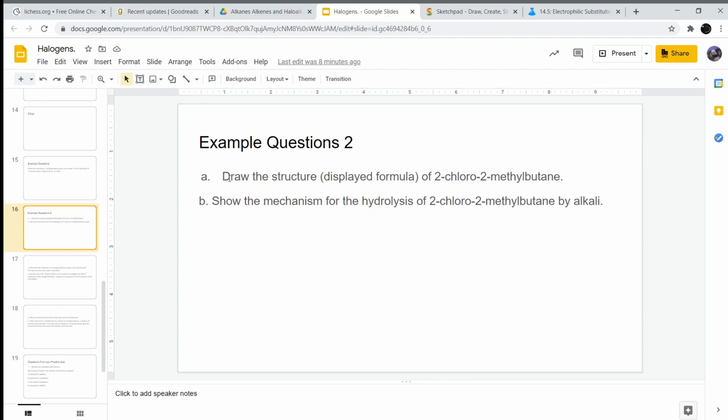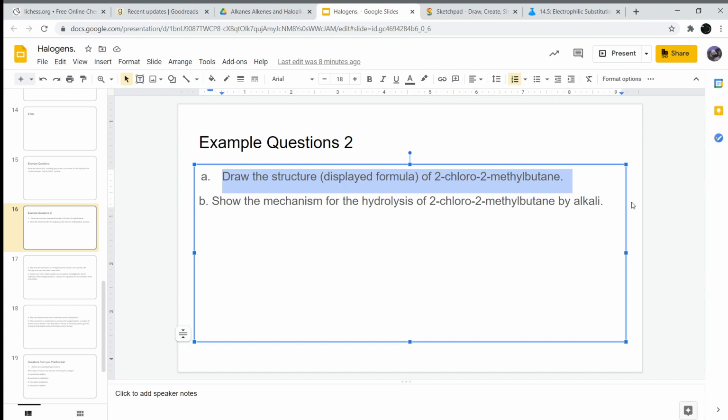The next one first has us drawing the displayed formula of 2-chloro-2-methylbutane. Right away we see that the chloro is on the second carbon, and it looks like we also have a methyl group on that second carbon. So we'll draw it out, and then it says to show the mechanism for the hydrolysis of 2-chloro-2-methylbutane by alkali.